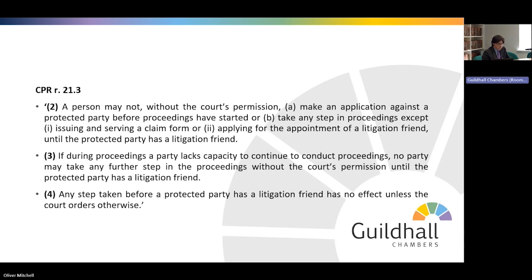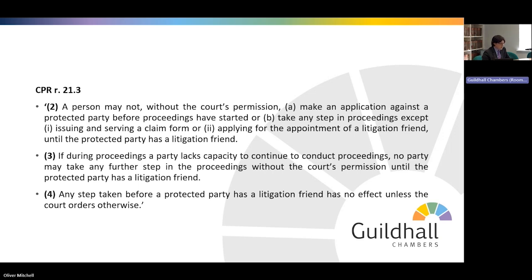In general, no step in proceedings can be taken until a litigation friend has been appointed to represent a protected party, and no pre-action application can be made against the protected party. And any step taken before a litigation friend has been appointed has no effect.